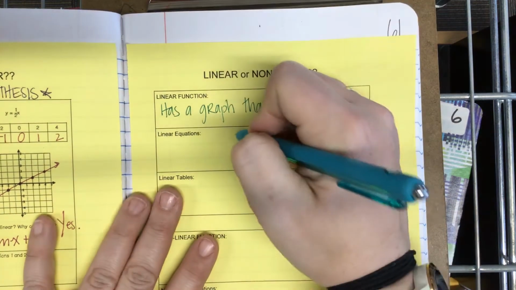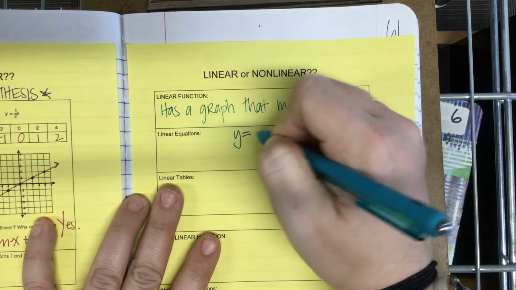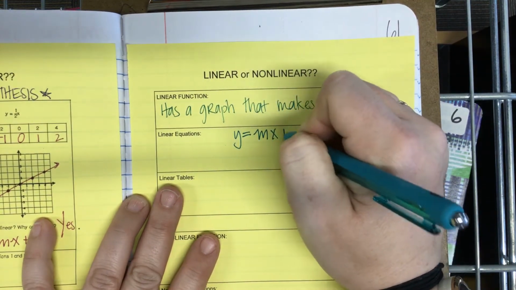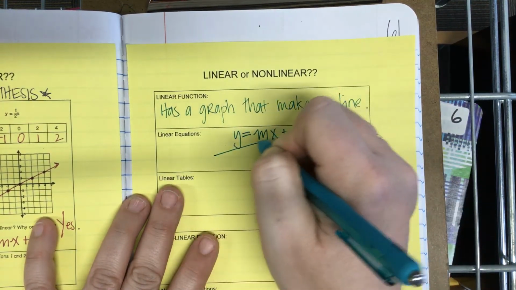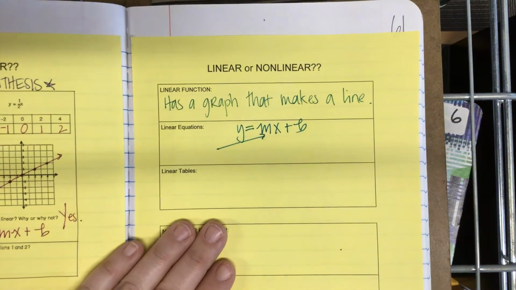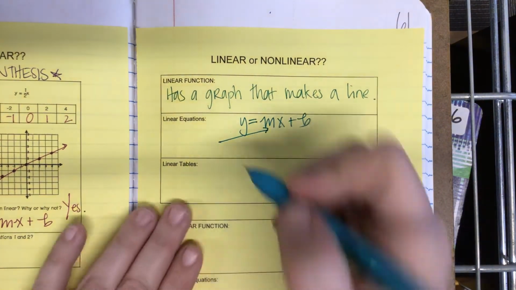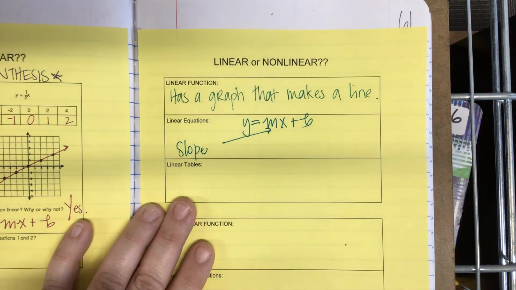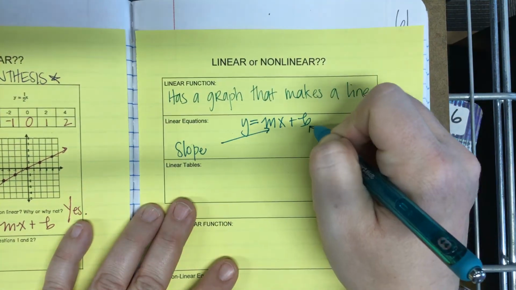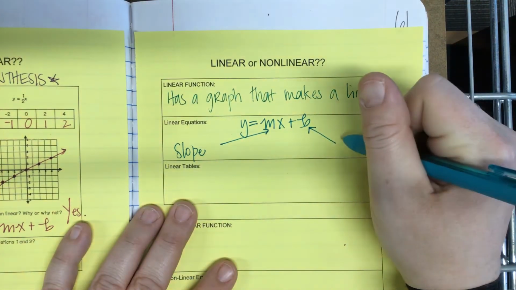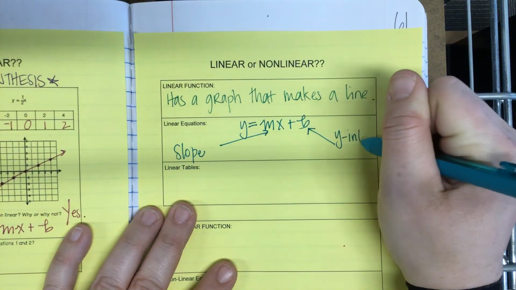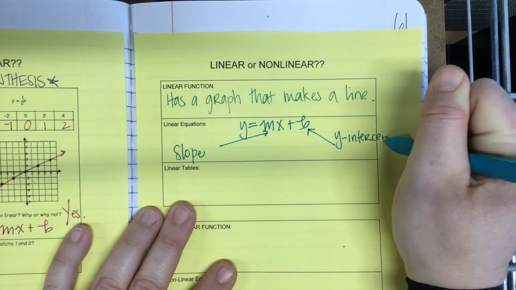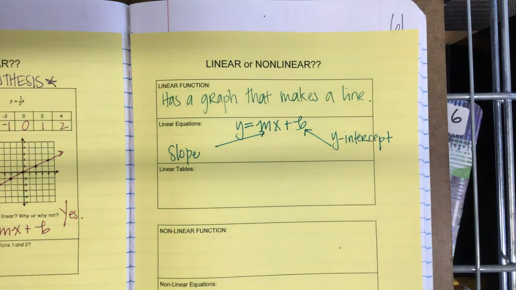Linear equations are in the form y equals mx plus b. What does m equal? Slope. And what does b equal? Y-intercept. Good.